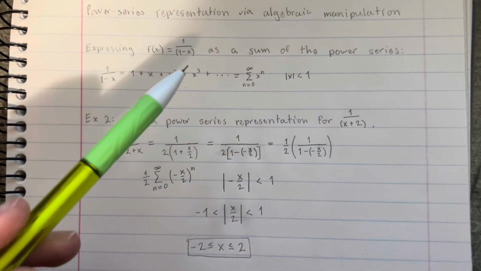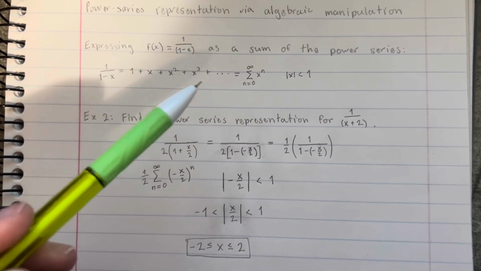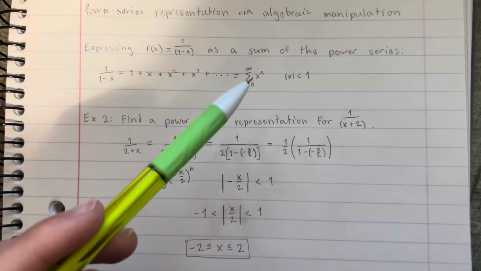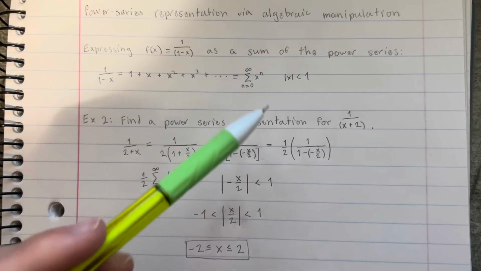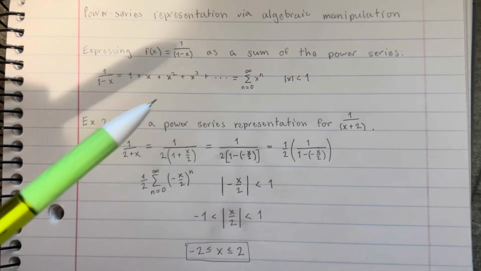So theoretically, we can take any function and put it in 1 over 1 minus x form, and then we can set it as a series and represent that as a power series.